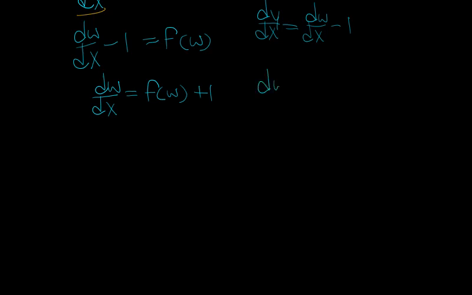So dw is b f of w plus a times dx, and this is all a function of w. All of this right here depends entirely on w and nothing other than w. It doesn't depend on x or any other variable.